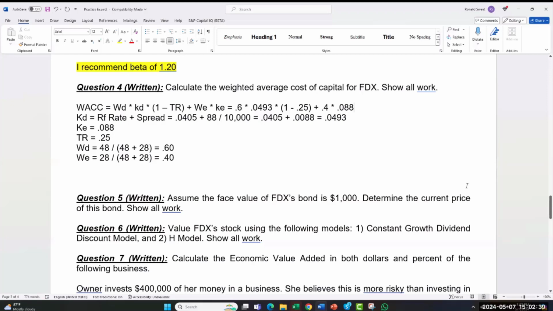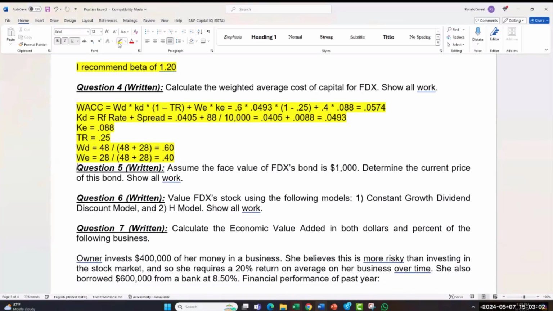If you do all of that, you should get a WACC of 0.0574, right? Real similar to your Excel application 7. Any questions on that one?